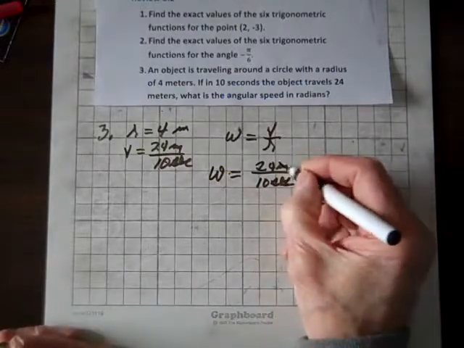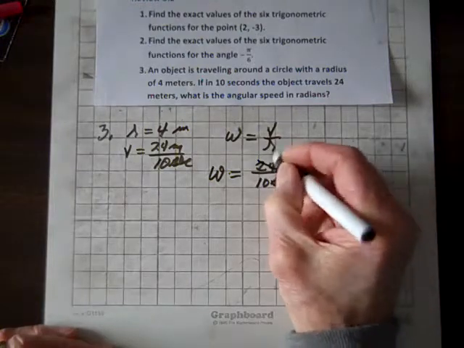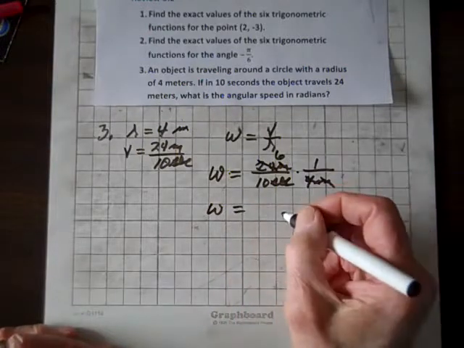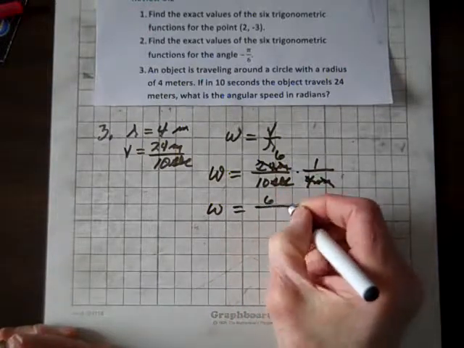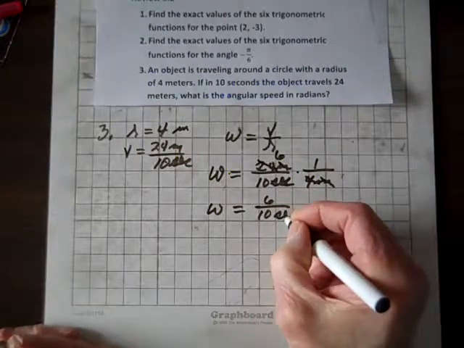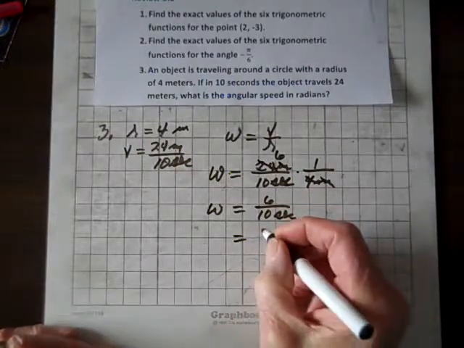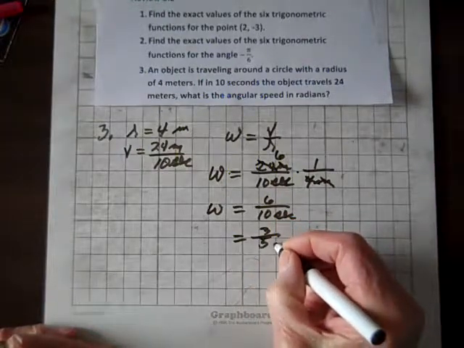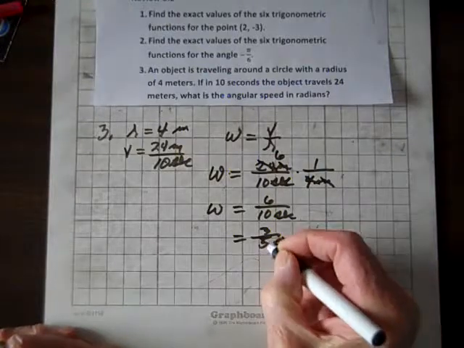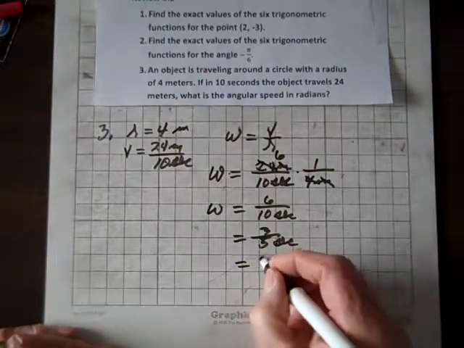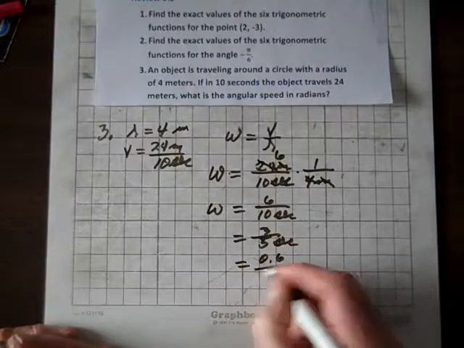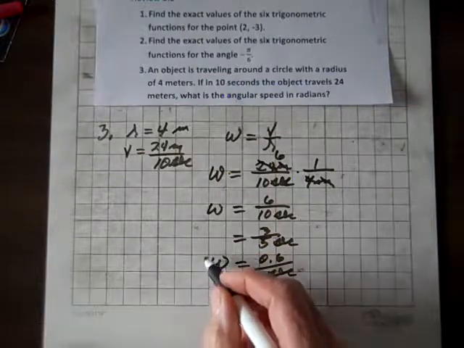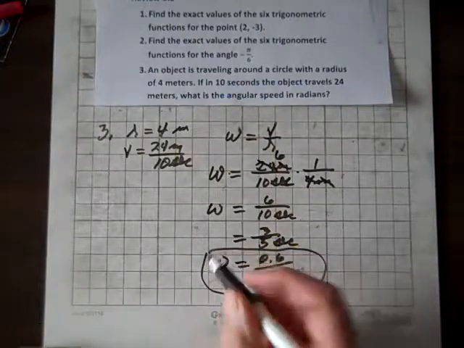Now the meters divide out, and 4 goes into 24 6 times, so omega equals 6 over 10 seconds, which reduces to 3 over 5 seconds. In other words, 3/5 of a radian per second, or 0.6 radians per second. Radians are unitless, so that's what we have.